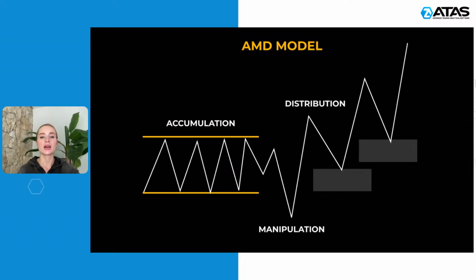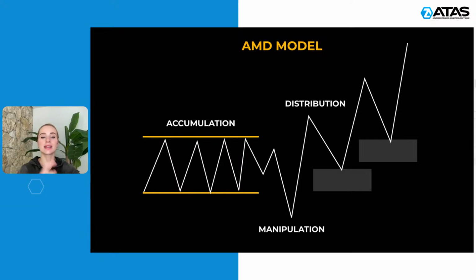Okay? Now, as we are looking at accumulation, manipulation, and distribution, let's detail each phase, how to spot it on the chart, and what happens behind the scenes. In the accumulation area, price drifts sideways, often after a long rally or a long drop.